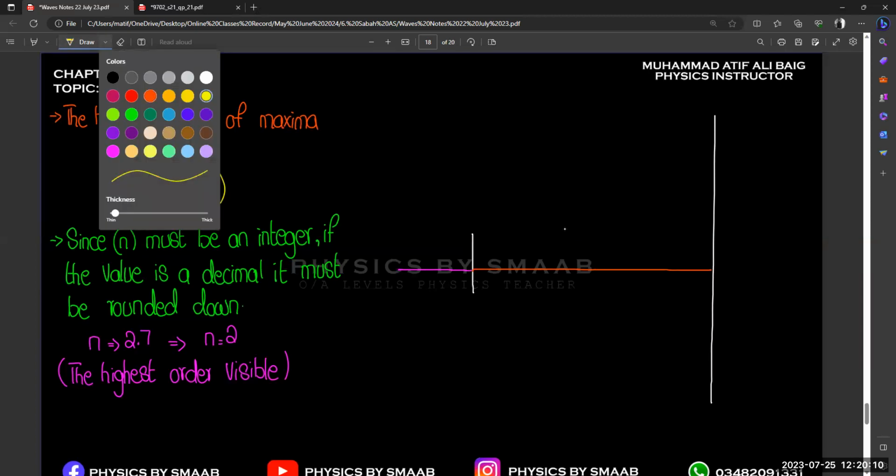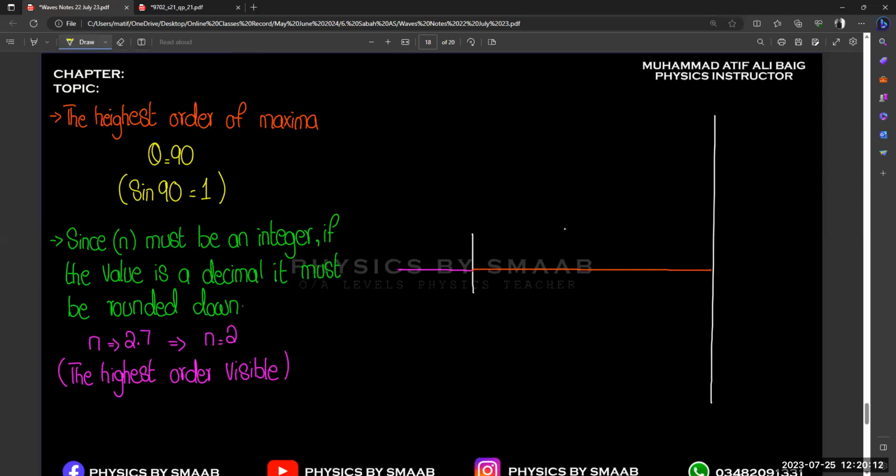And after that, it will diffract in different angles. Like this will be our angle 1. This will be our angle 2. Same goes on the other side.